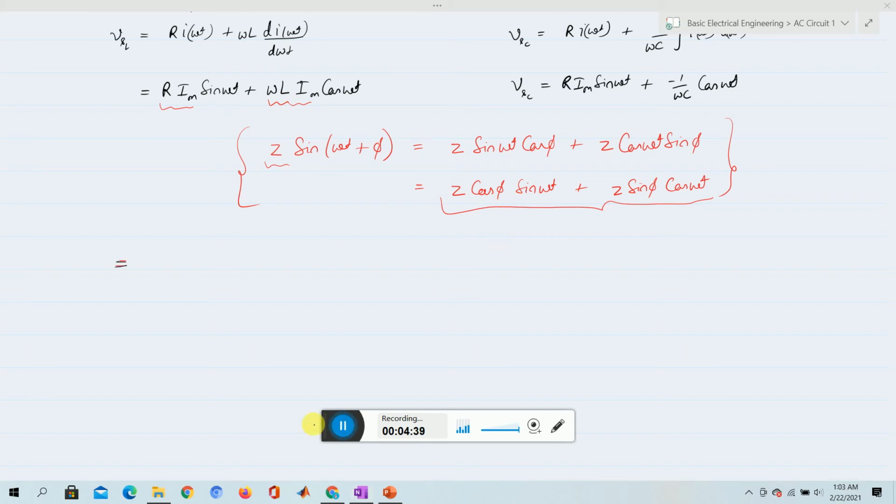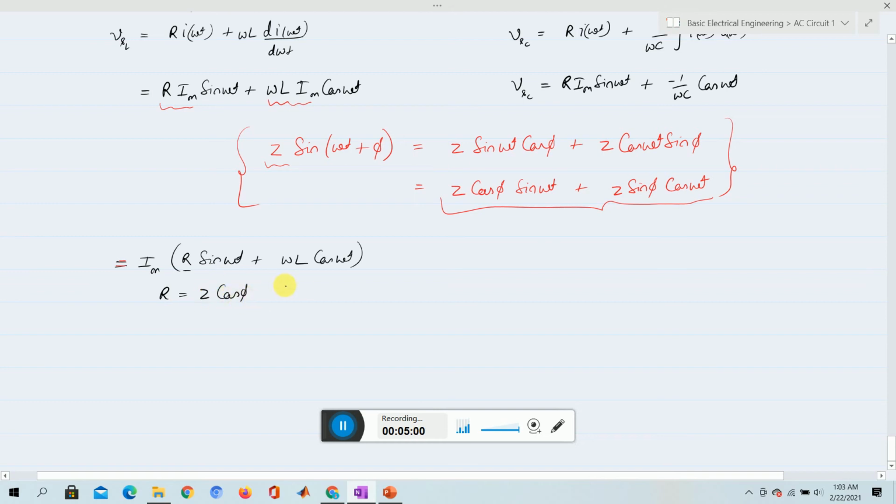Taking Im out from here, we can write R sine omega t plus omega L cos omega t. Because sine is there, let us take R as Z cos of phi, and also we can take the constant omega L as Z sine of phi.